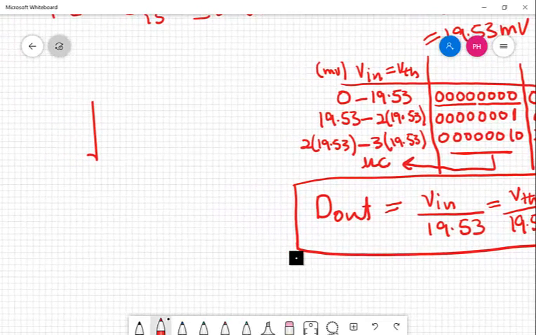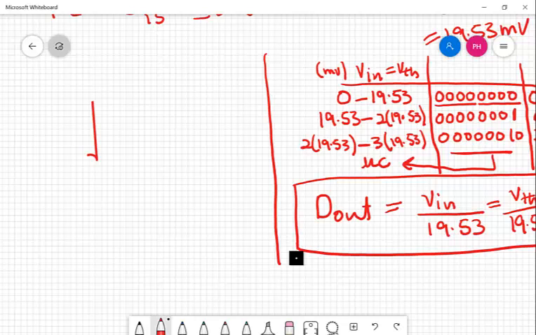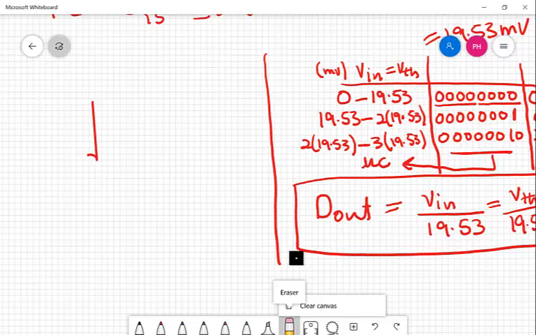Okay, now we will discuss the relationship between the voltage at the output of our signal conditioning block, that is the input to the ADC, and actual temperature.